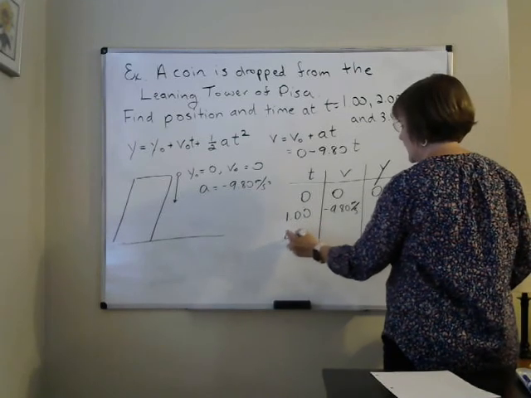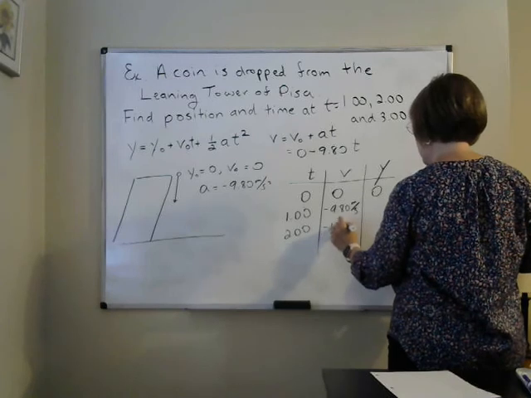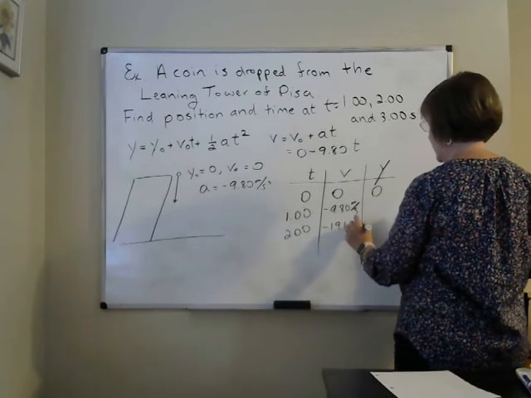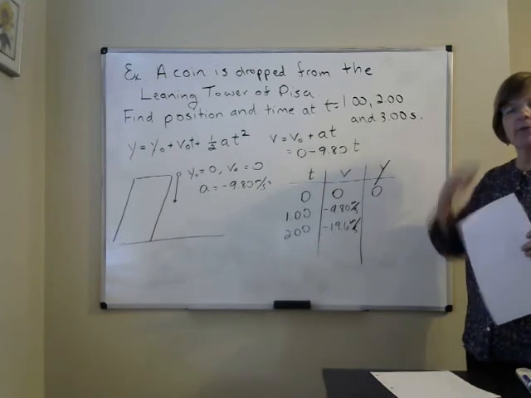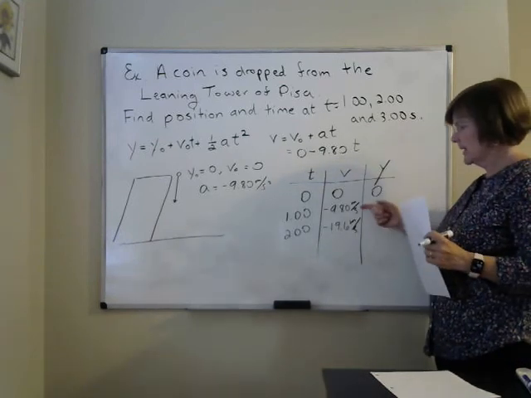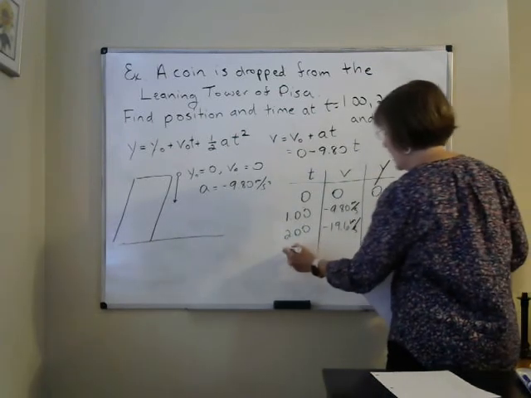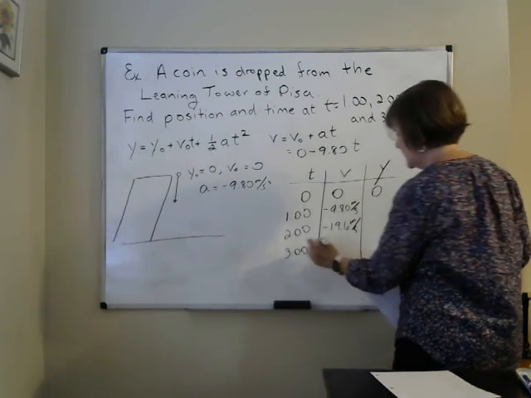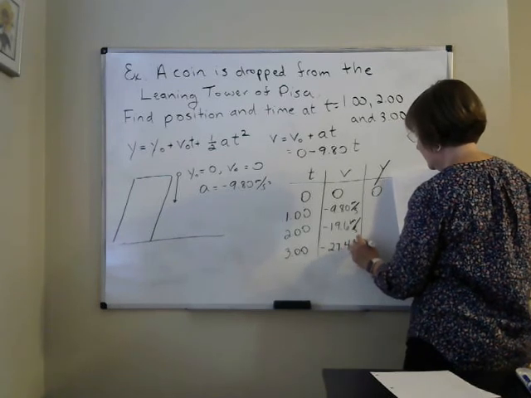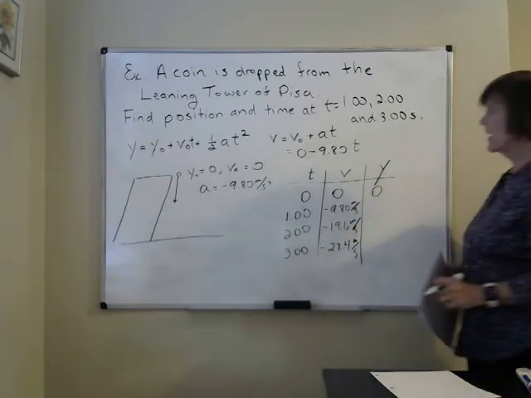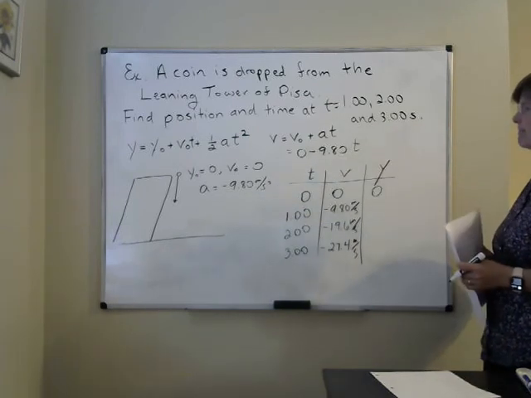If I wait 2 seconds, this is going to be negative 19.6 meters per second. 9.80 is almost 10. If you want to mentally estimate, you can think it should be about negative 10, negative 20, negative 30. Not quite, but close. If I wait 3 seconds, I get negative 27.4 meters per second. So velocity is really pretty easy. Just negative 9.8 times the time.